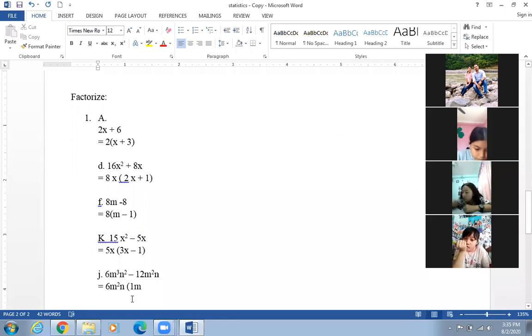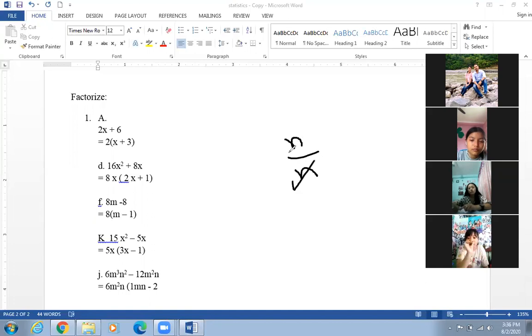Minus. Then 12 divided by 6 is how much? 2. Out of m square, m square is deducted, so m square divided by m square is 1, no need to write down. Nothing remains. And n divided by n, I told you before, the bracket means divide. n divided by n is 1, so no need to write it down.